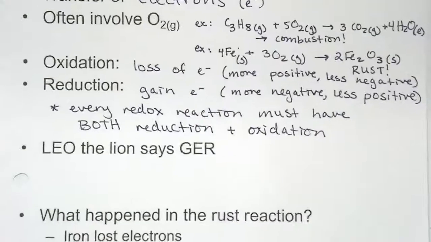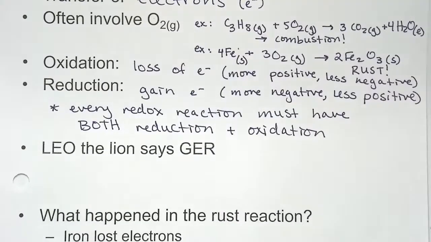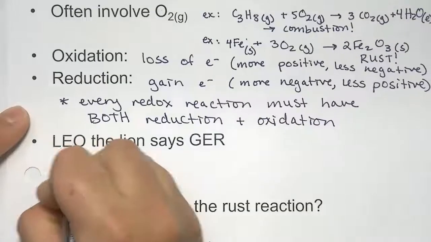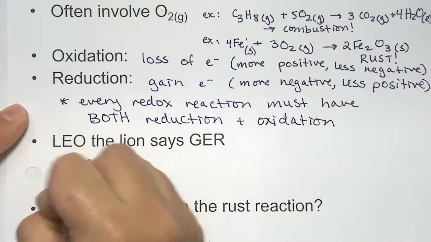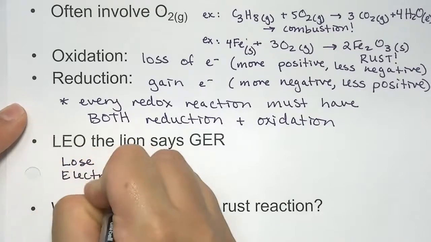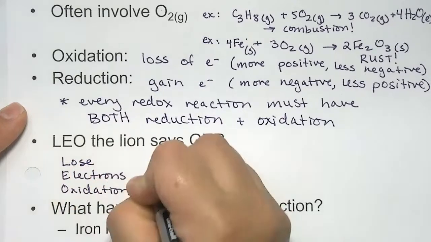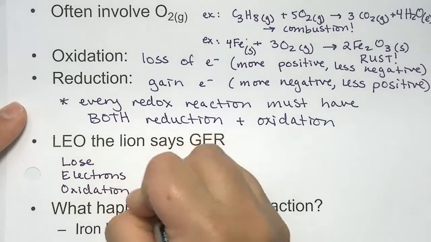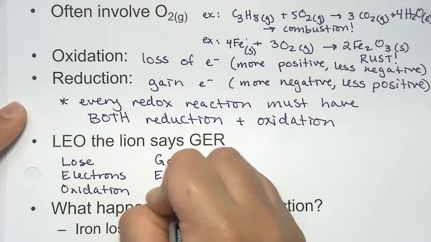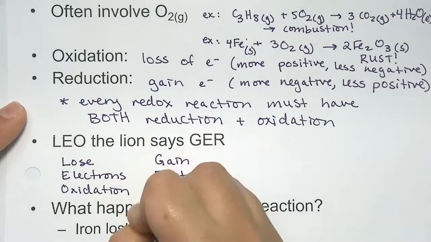And a good way to remember which is Leo the lion says grr. So if you lose electrons, that's oxidation. Isn't that cute? And if you gain electrons, you have reduction.